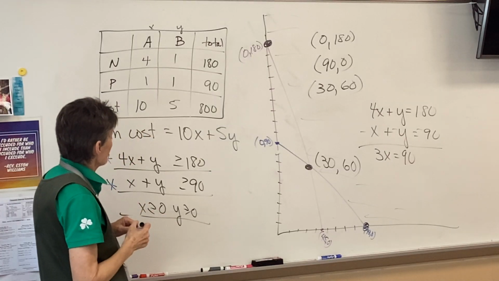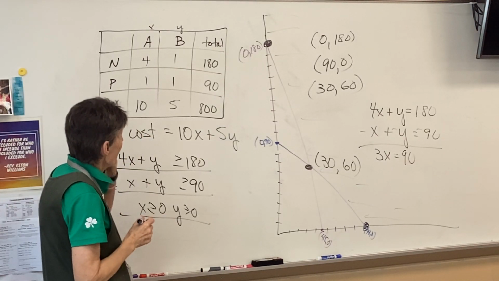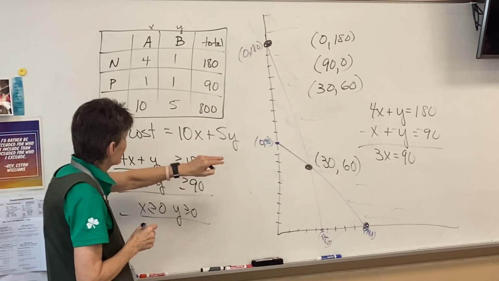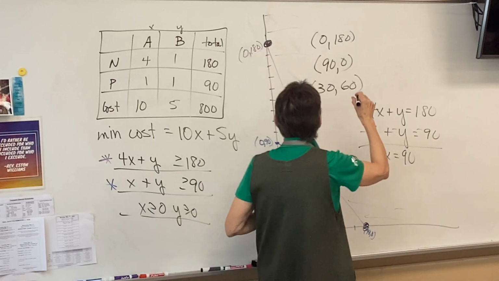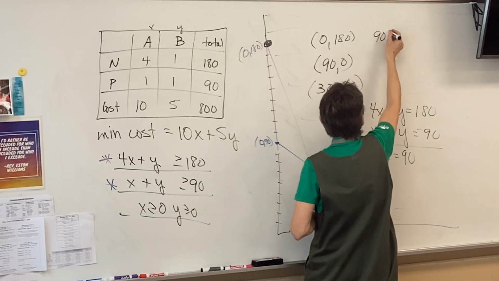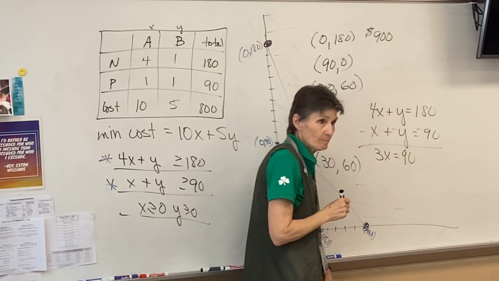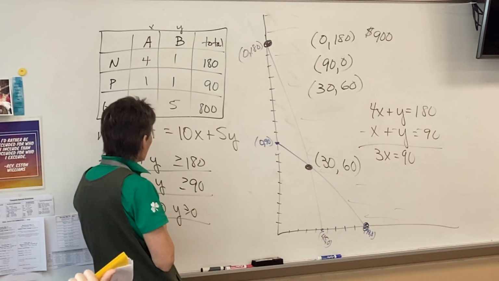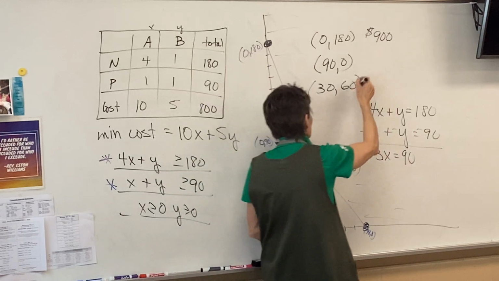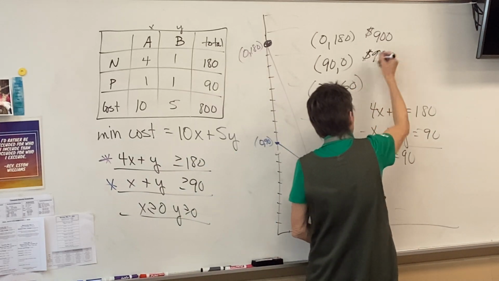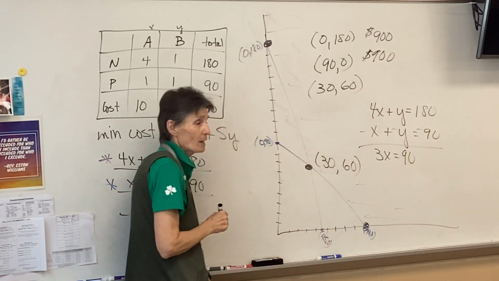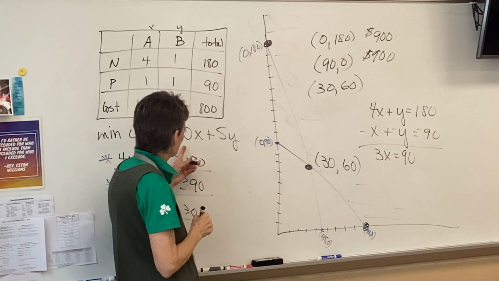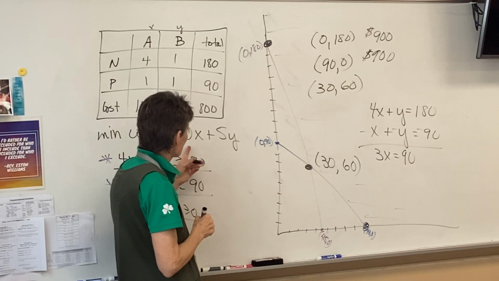Well, let's see. If I buy all brand Y, that's gonna be $900. Bad news, I only have 800. If I do all X, that's another 900. Those cannot be options, guys, because they told me I only have $800 to spend. So 30, that's 300.